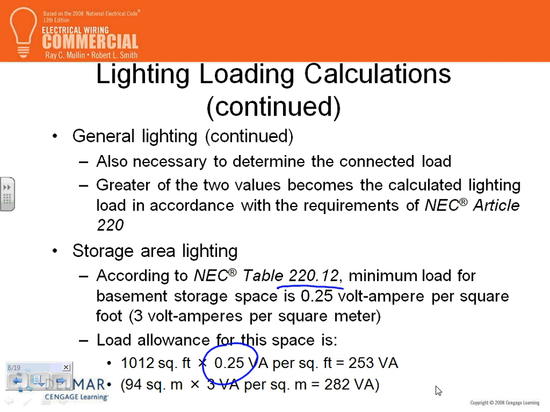I think it was like 10 by 15, say 150, 200 square foot. You could have taken the 200 square foot, multiplied it by 0.25, and added it to the rest of the lighting load. In my book, it's not worth doing the splitting here. If the majority of the building is an office building, apply the office rule, which is 3.5.